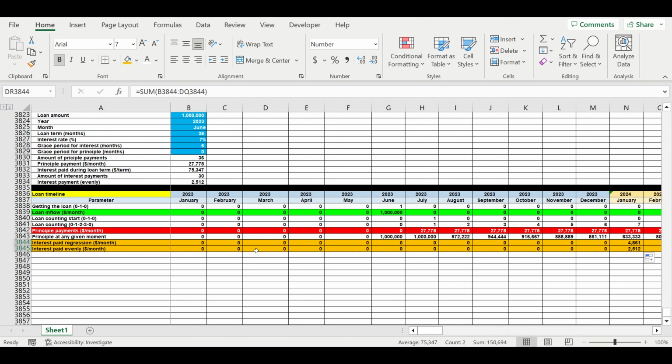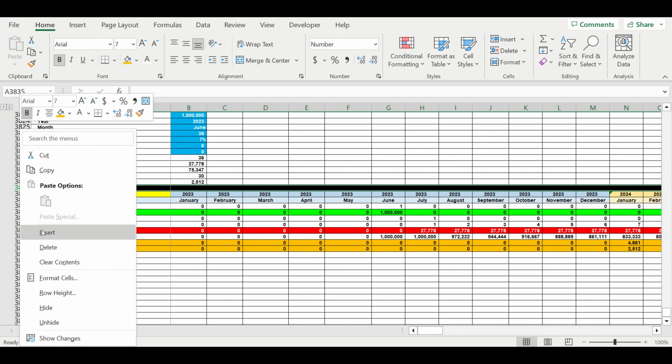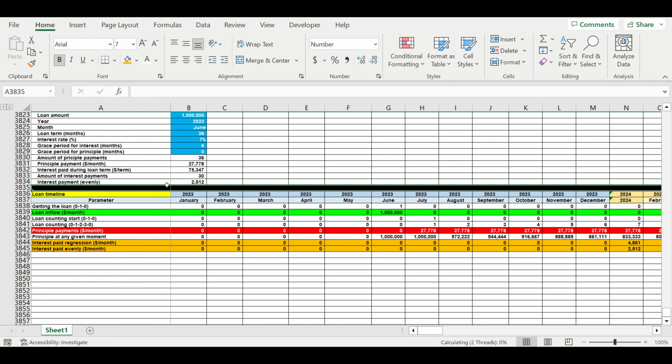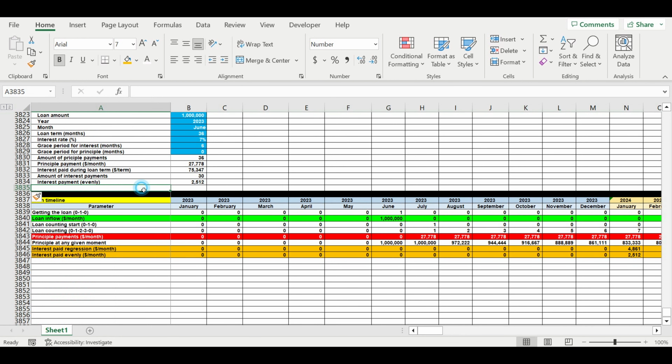And now we just need to create the switcher for the way of interest payments.